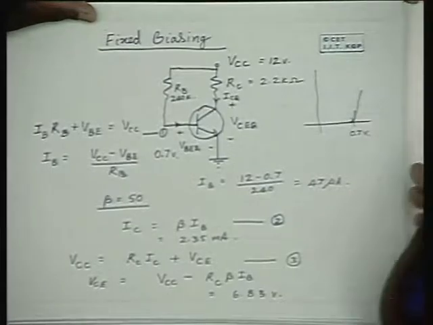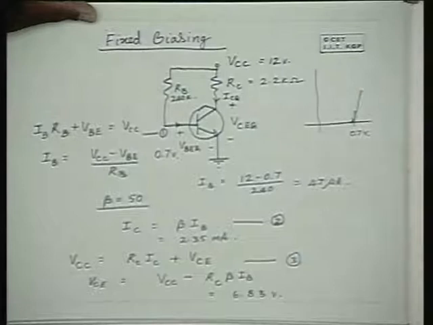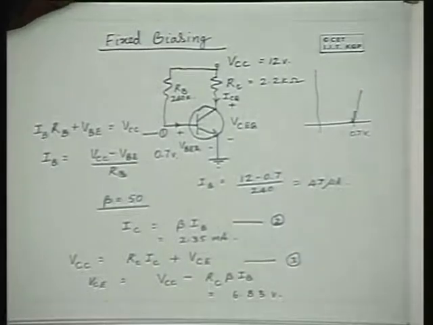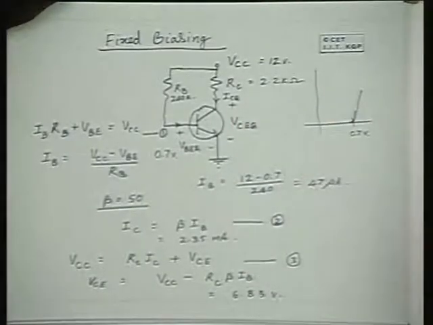Why am I saying this? When the manufacturer says that this is a transistor, the transistor has a beta between 50 to 150. That's how a manufacturer specifies. That is because of the inaccuracies in the manufacturing process.